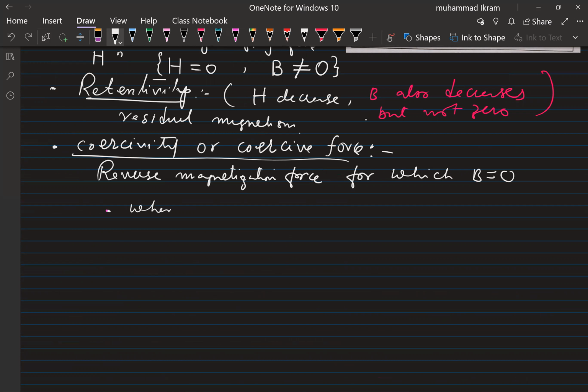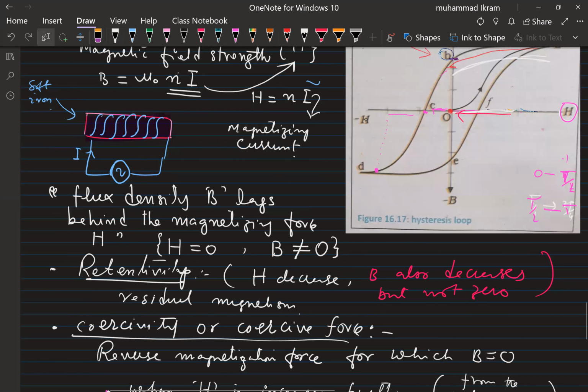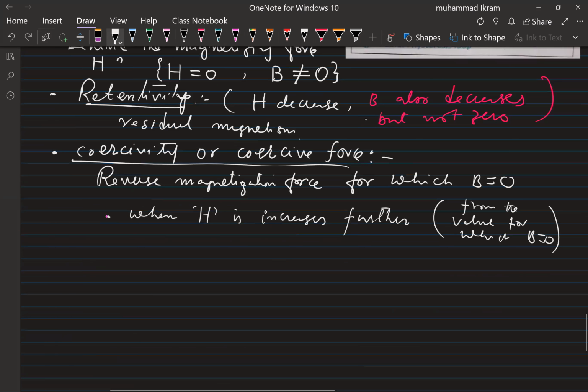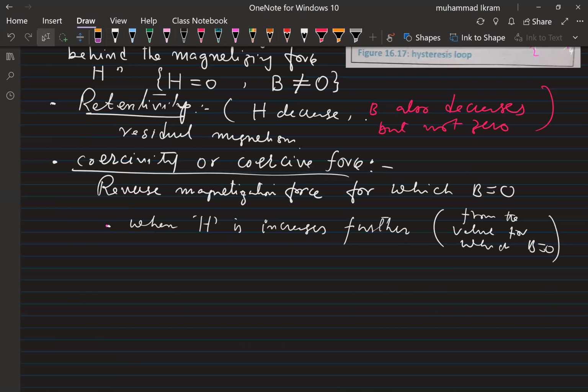When H is increased further from the value for which B is equal to 0, we again attain the maximum value of B in the reverse direction.